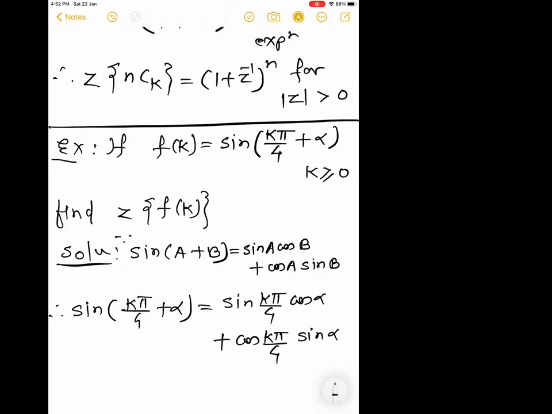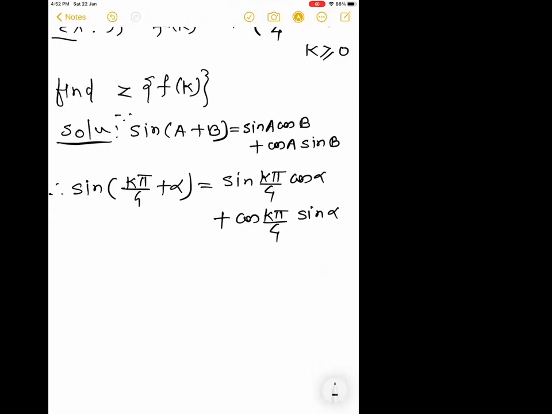Correct? Yes, ma'am. And cos alpha and sine alpha are of course constant terms. There is no k in them, which means they are not sequences, so we take them outside the transformed expression.